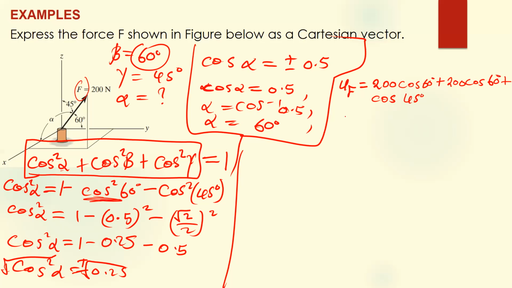So when you find these, you're going to have the unit vector in the direction of F. The first part will give you 100, because 200 times 0.5 will give you 100.